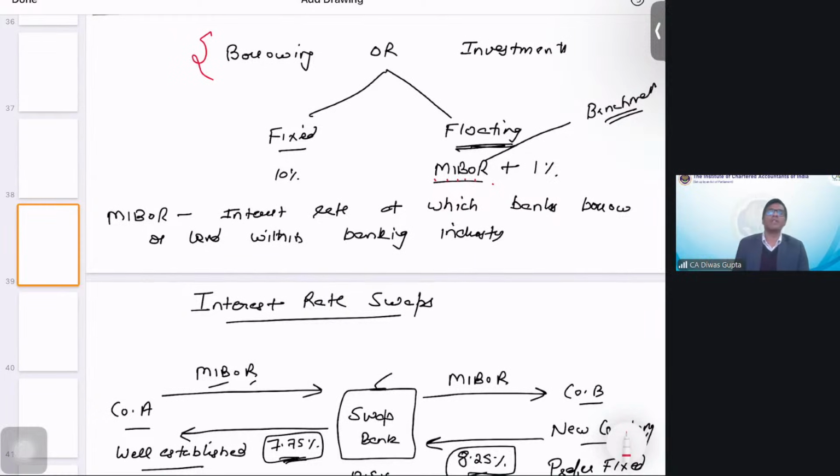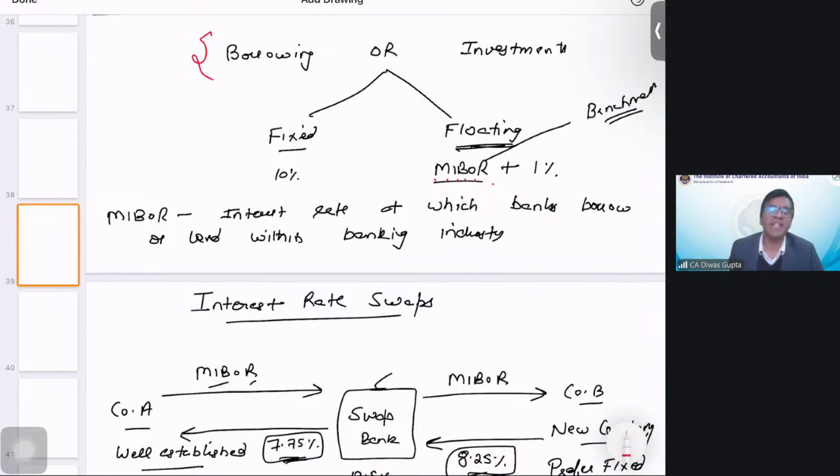So this is MIBOR plus 1%. MIBOR is the interest rate at which the banks borrow or lend within the banking industry. So this is another way to quote your floating rate of borrowing or investment.